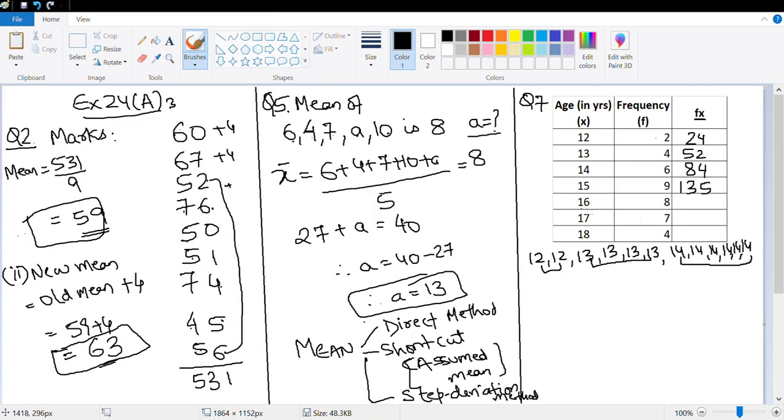Similarly, 8 times 16 is 80 and 48, that's 108.